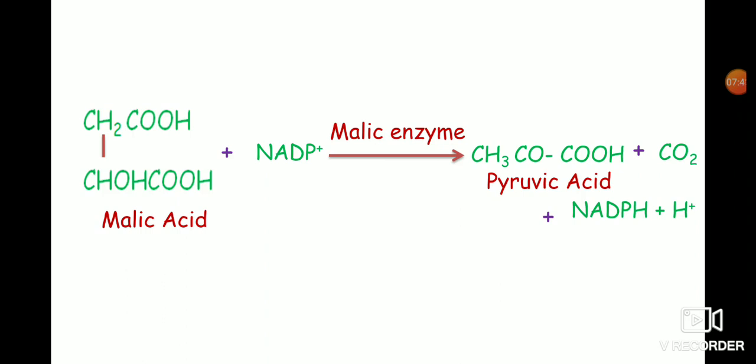As I have discussed earlier, the bundle sheath chloroplast lacks photosystem 2, so it is unable to synthesize NADPH2. So it must be provided from the mesophyll cells. So the malic acid carries the NADPH2 to the bundle sheath chloroplasts.